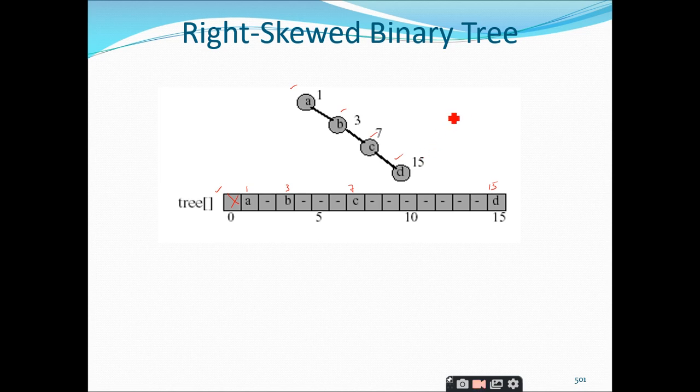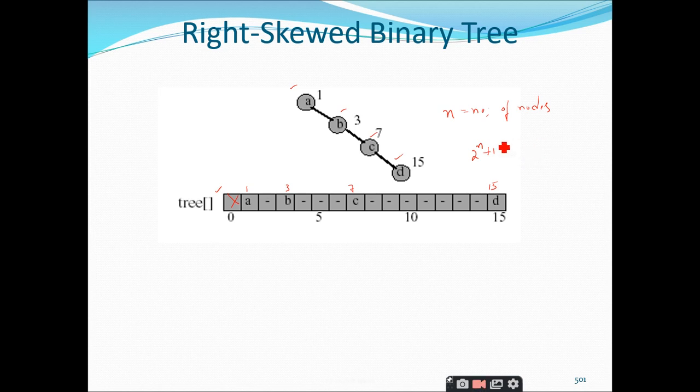We should consider n, where n is the number of nodes. 2 power n plus 1, sir. 2 power n plus 1 means here I am getting 17. Is it true?